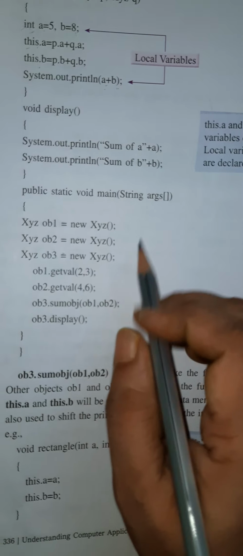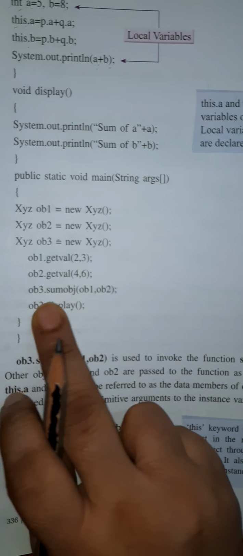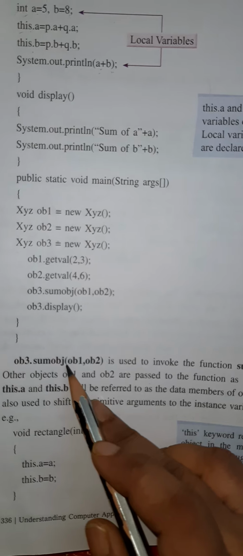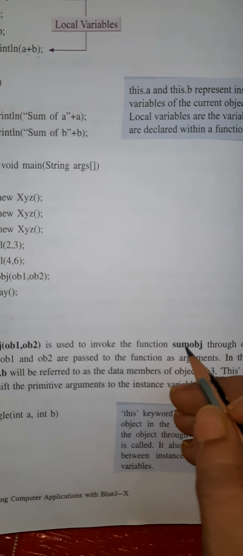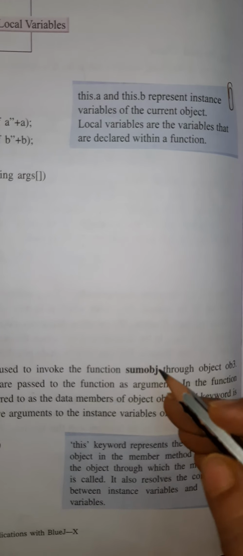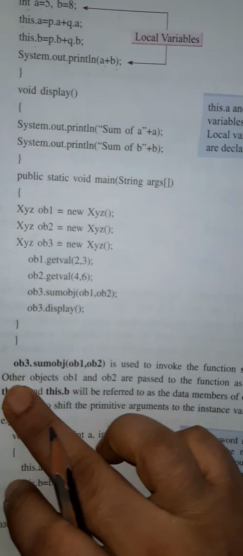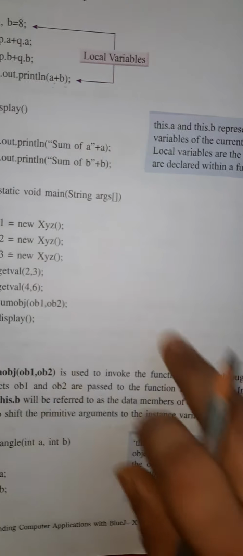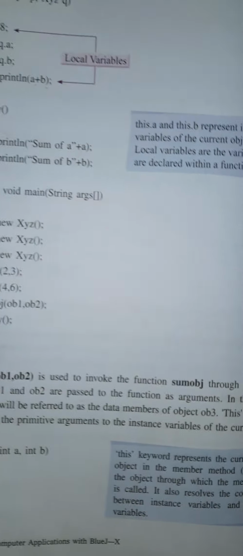You can see here that for the same type of object, 3 objects are made, and this is called and displayed. So ob3 is sumobj. So sumobj, with object 1 and object 2, is used to invoke the function, and the objects b1 and b2 are passed to the function as arguments.